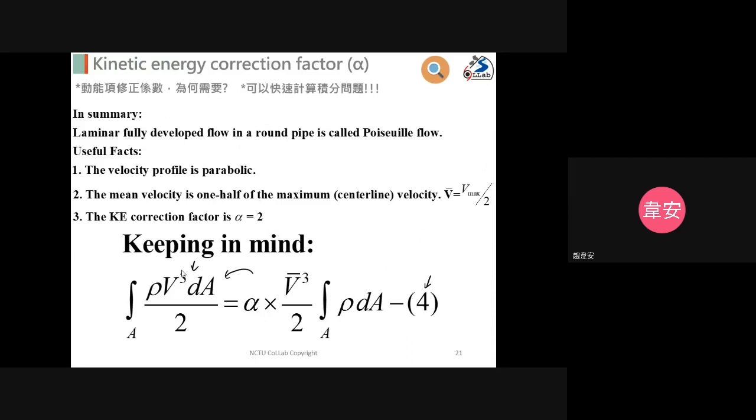So this is very important, and we know that based on different flow conditions the alpha value will change. Here alpha equal to 2 is for the condition where the flow velocity is parabolic.